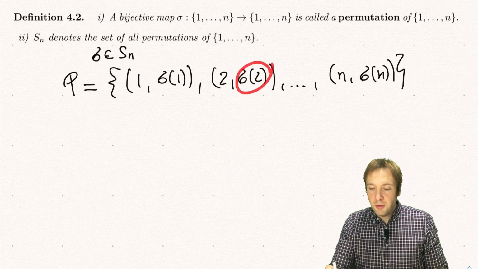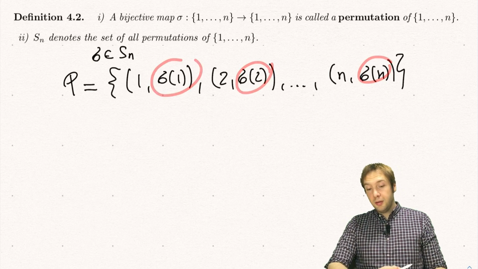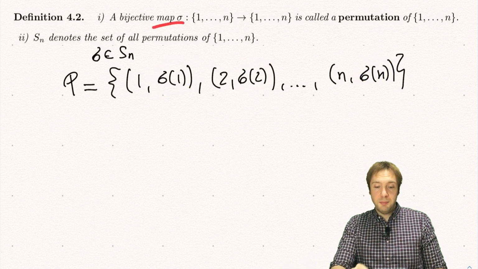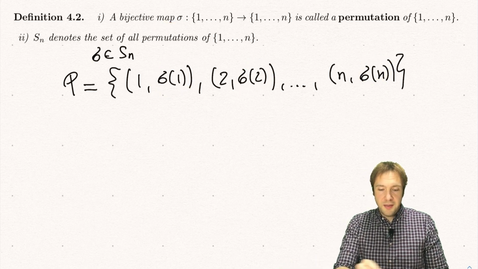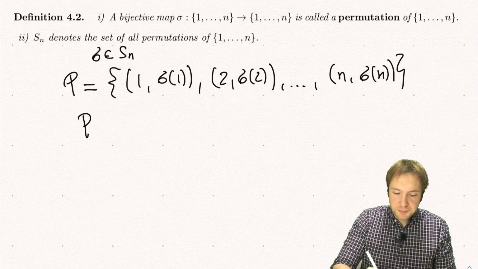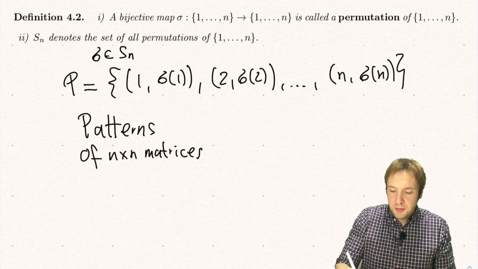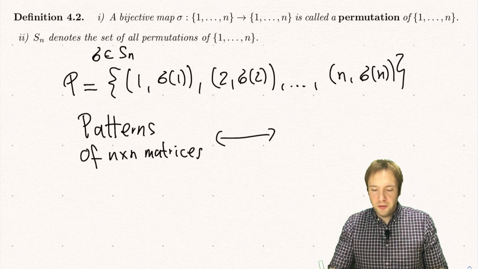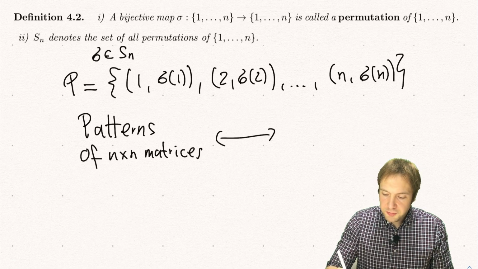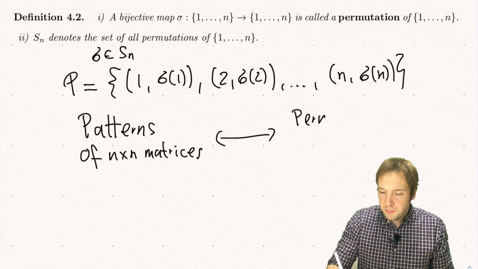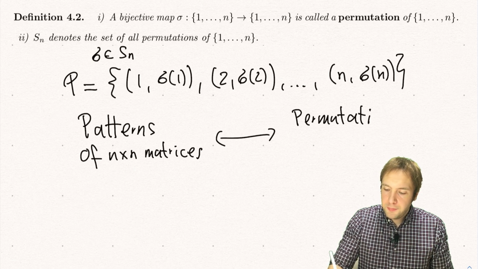And you see I will get all columns because this map is also surjective. And therefore you see that patterns of n by n matrices are in correspondence with permutations of the set 1 up to n.